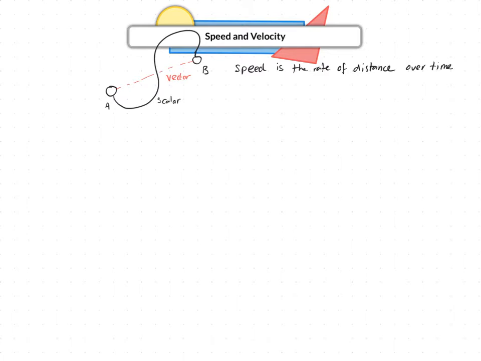It is how far you go over how long it takes you to go that far. And so in equation form, we can write this as speed equals distance over time.